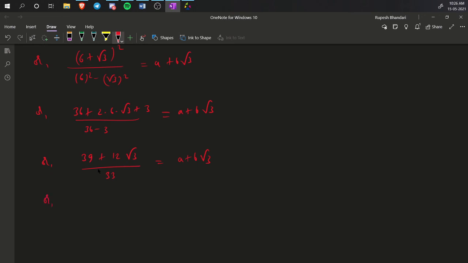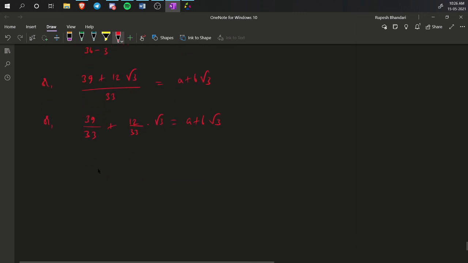So after that, what we can do is let's just break it down. Break it down. 39 plus 12 under root 3 over 33. You see the pattern now. This is A, this is B, this is your under root 3. All you need to do is let's just solve for this.